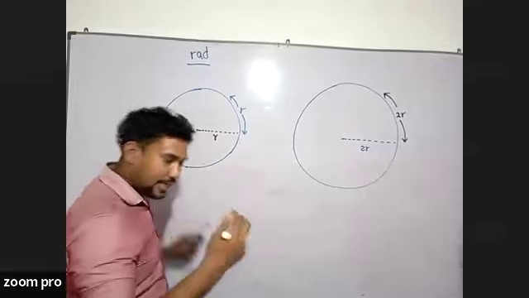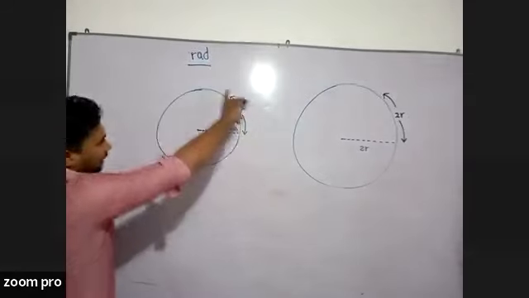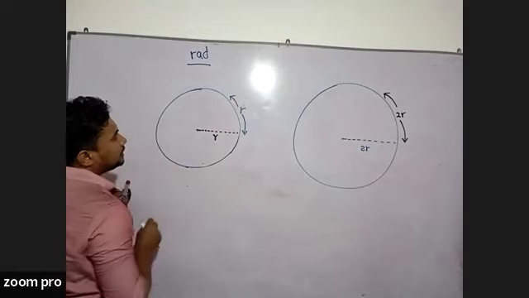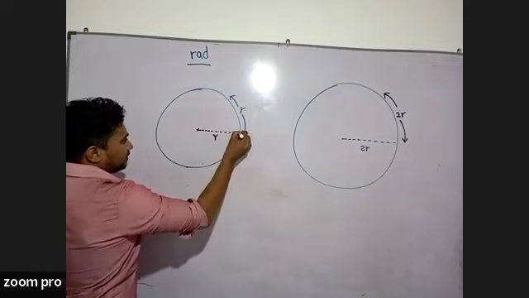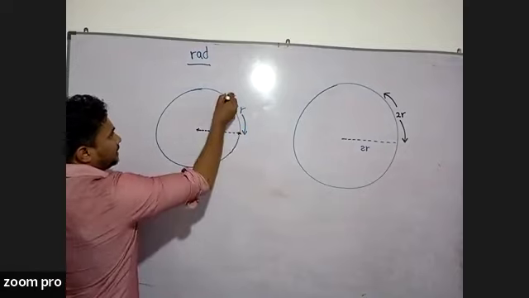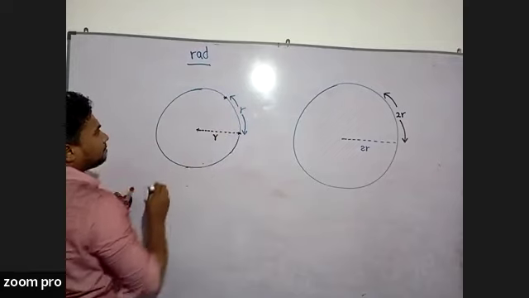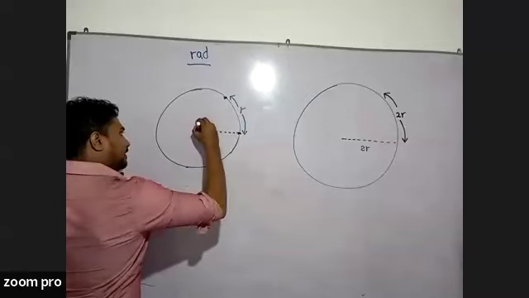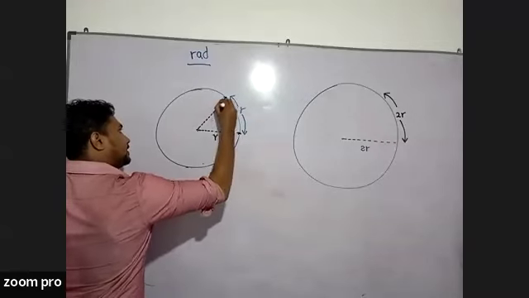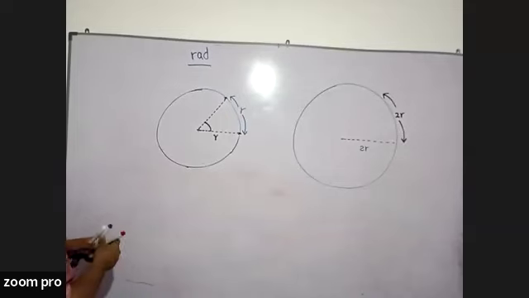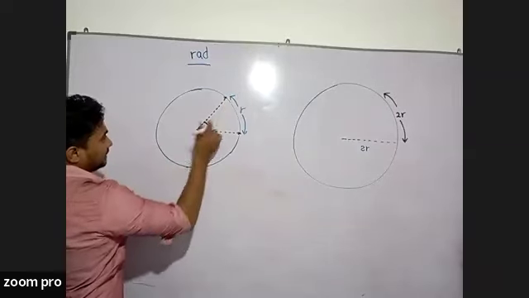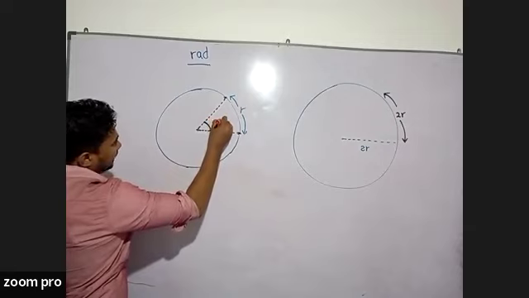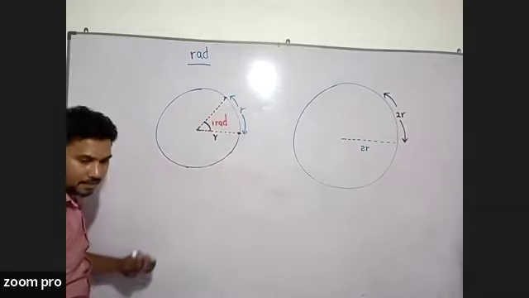The angle subtended by the arc, which is equal in length to the radius. Let's assume this is the point where the arc starts, and this is where the arc finishes. This is the angle subtended at the center by an arc equal to the radius. This is considered as a radian.